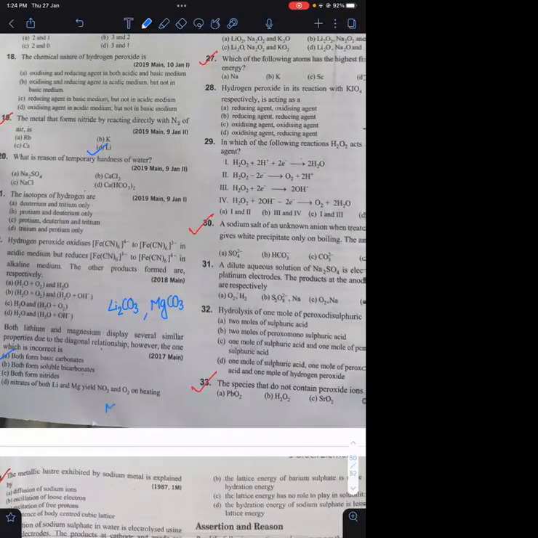If you are having MgCO3, suppose it is reacting with H2O, it will form something like MgCO3·Mg(OH)2. ऐसा कुछ मिलता है. Okay. This is called as basic magnesium carbonate.